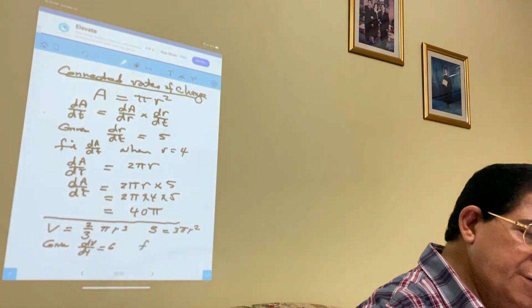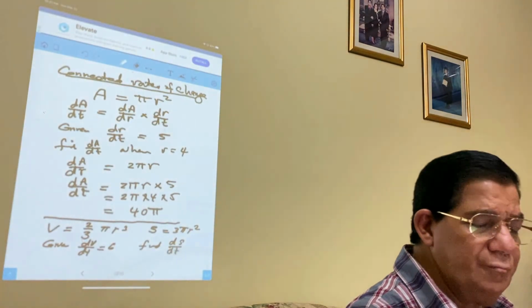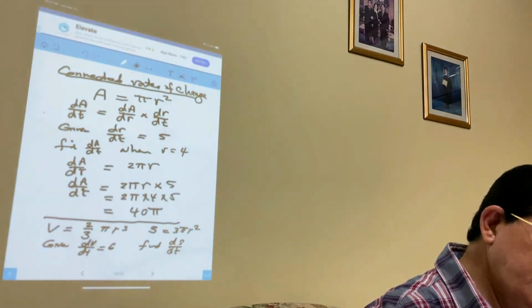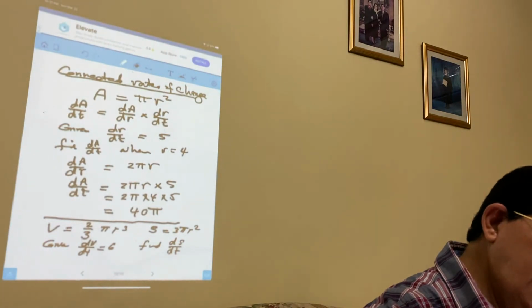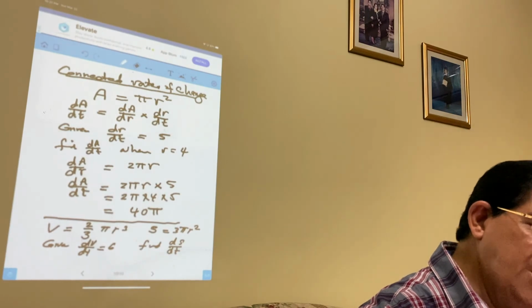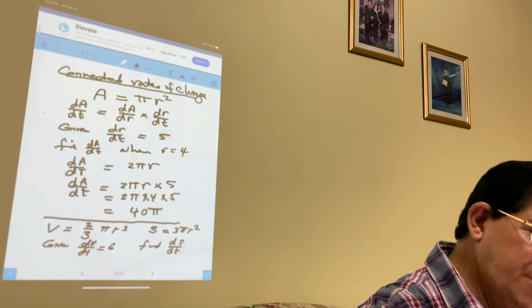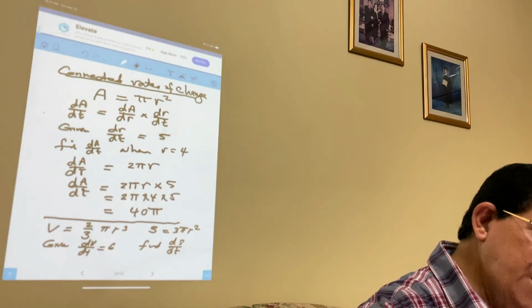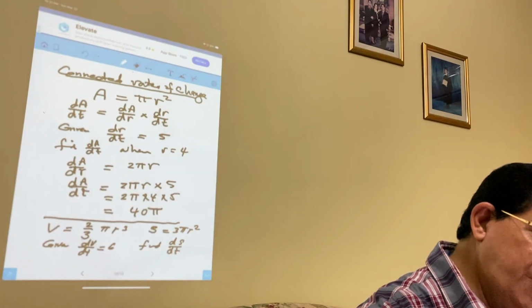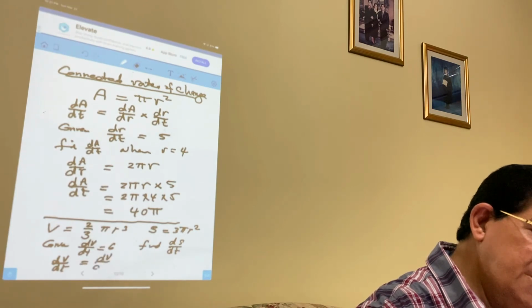Want to find dS by dt. Here we cannot relate V directly with S, but we have r in between. Therefore, what we do is, from dV by dt we get dr by dt. So therefore we say dV by dt equal dV by dr times dr by dt.